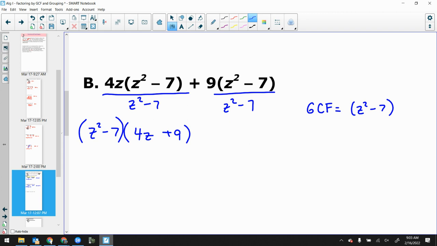The GCF is that full binomial that they both contain, z squared minus 7. So what's left over after I divide it out? Well, I'm technically canceling these, aren't I? And then what's left over? The 4z and then the plus 9 gets brought down. Let's do one more of those.